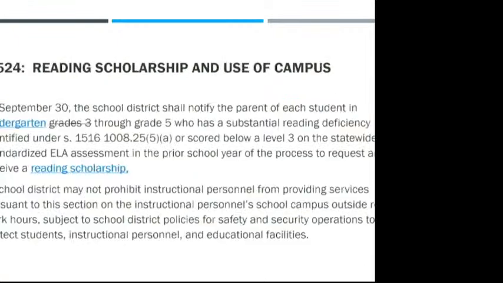Could you explain the concept, the reading scholarship, what that really means? Yes, the reading scholarships are available to families when their child is exhibiting a substantial reading deficiency, for them to take a dollar amount to a private provider or tutor, an after-school program, and receive those tutoring services.